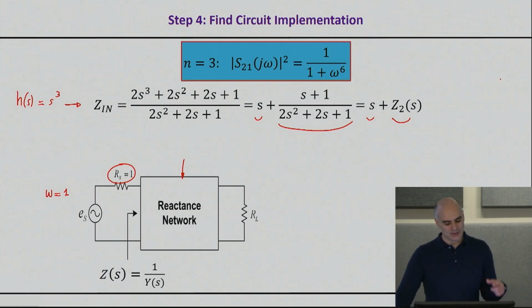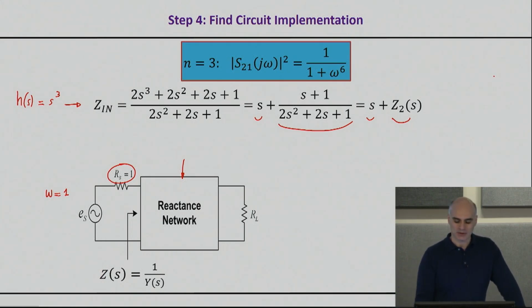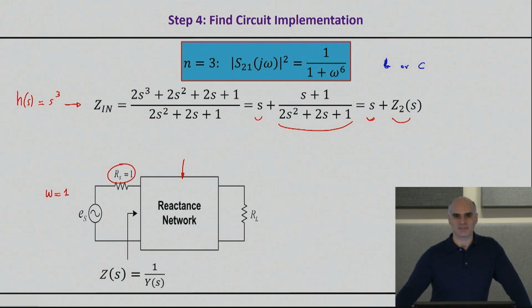The reason it's important to see this is because when you're looking at an input impedance that is equal to s plus Z2, what you might be thinking in your mind is what is the impedance of an inductor L or a capacitor C. An inductor L has an impedance of j omega L, or s times L, while a capacitor has an impedance of 1 over sC.